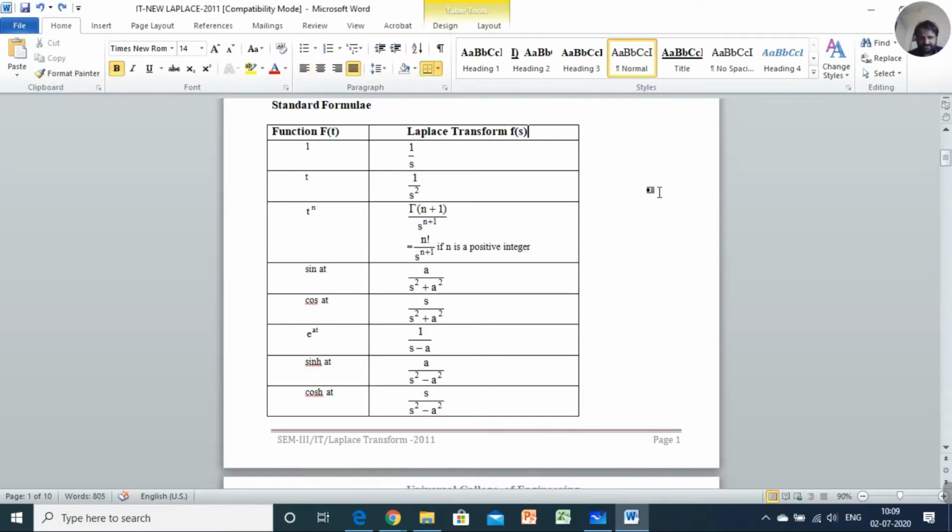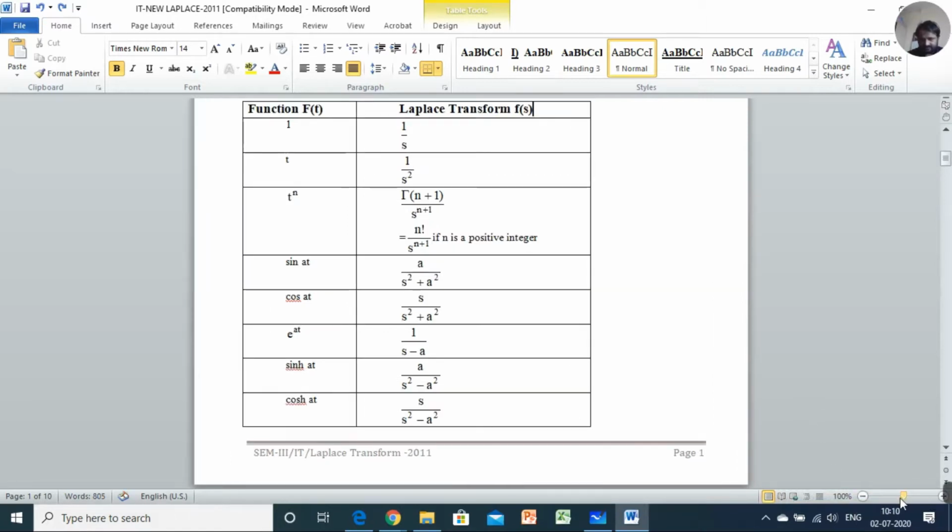Now here are the standard formulas of Laplace transform. Hope it is visible to all. If not, you can say so that we will zoom it. As I said earlier, Laplace of 1 is 1 by s, Laplace of t is 1 by s square, and for t raised to n you have to use n factorial upon s raised to n plus 1, or sometimes it is represented as gamma of n plus 1.